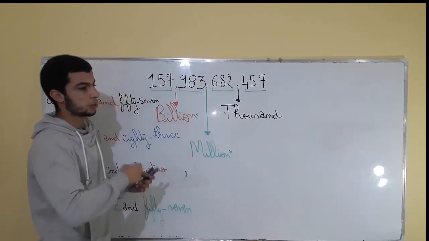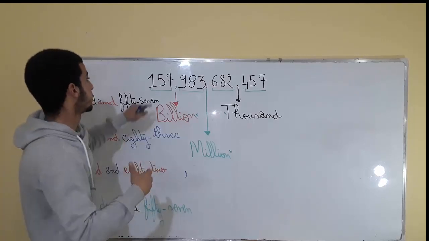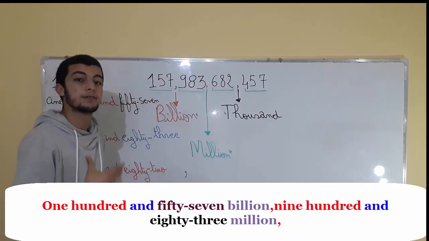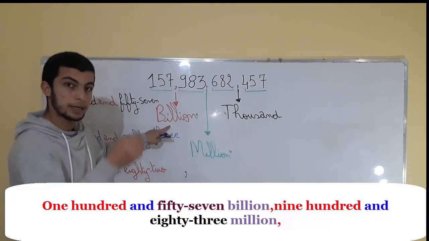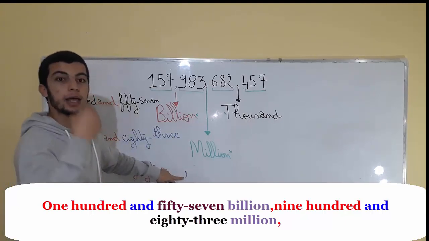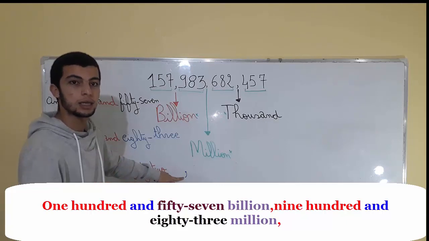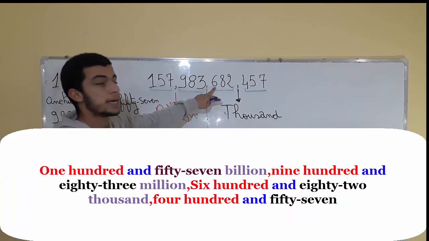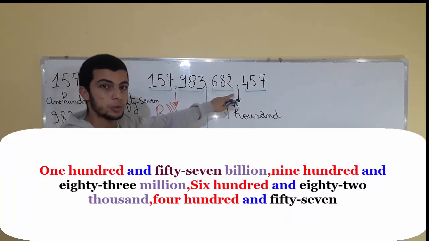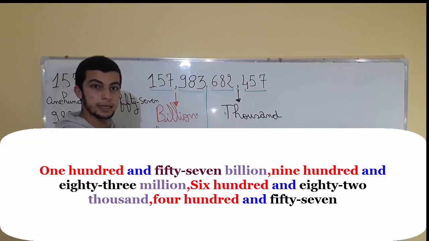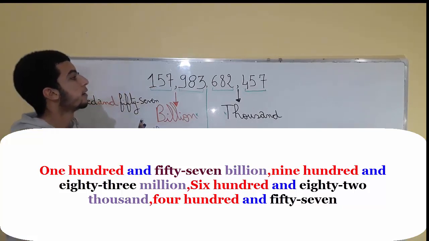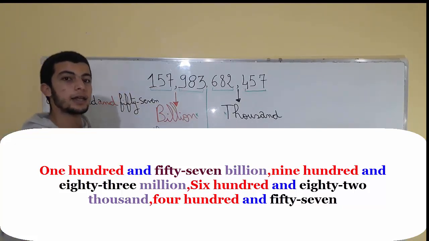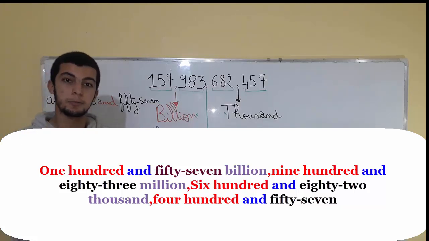Million. So we write it again. We write 157 billion, comma, 983 million, again, comma, 682,000, comma, 457. So this is how we read big numbers.